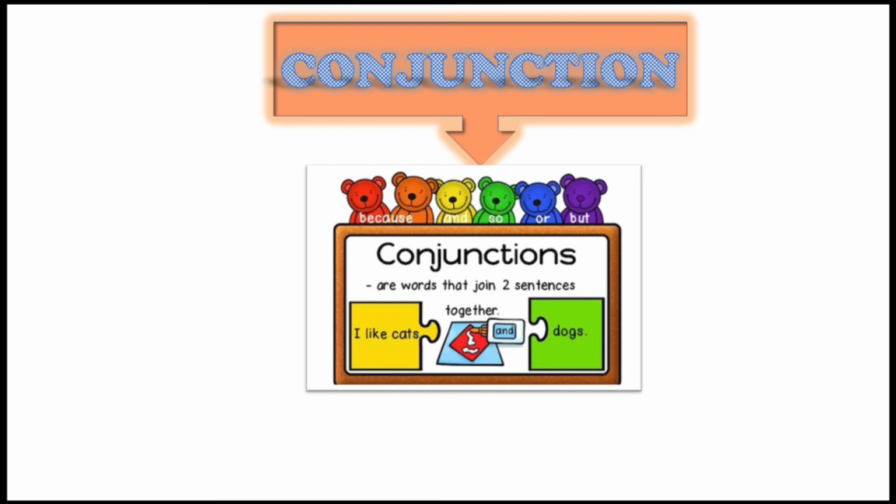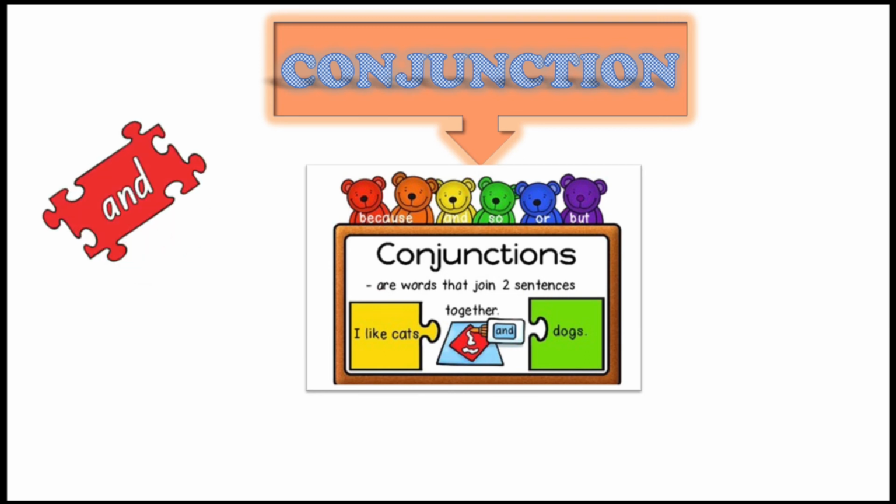A word that joins two sentences or two words, we call a conjunction. For example, "I and my friend", so that "and" is a conjunction. You can say "I have pencil and eraser", so "and" is a conjunction. Conjunctions join two words. We will see more examples of it.